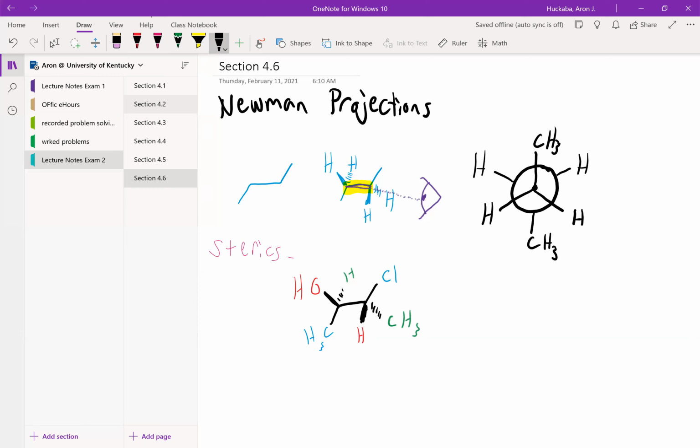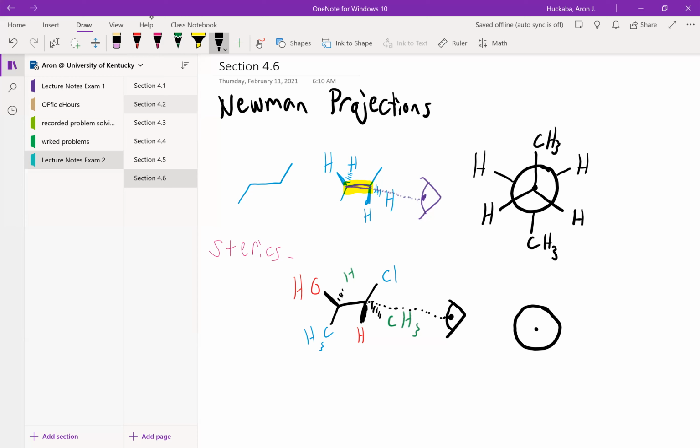All right, so now it's time to draw our Newman structure, imagining that once again we're an observer, and we are looking at this molecule right down that carbon. So let's have a look here. Here's our Newman projection with the carbon in the middle.